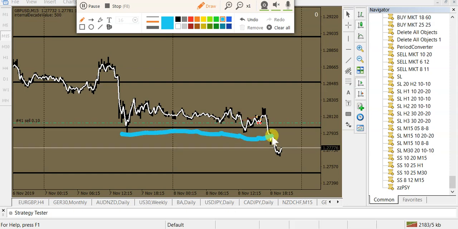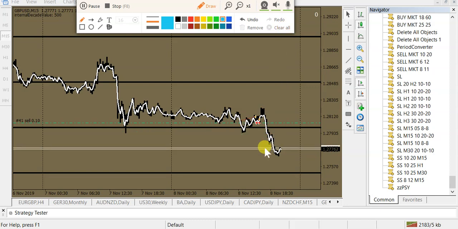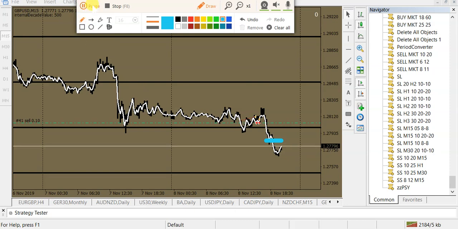Sellers came in at that confirmation point. There should be sellers here. Okay. It's just not playing back fast enough for me. Right there.